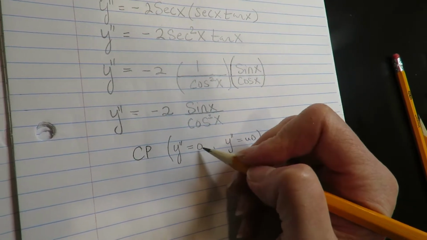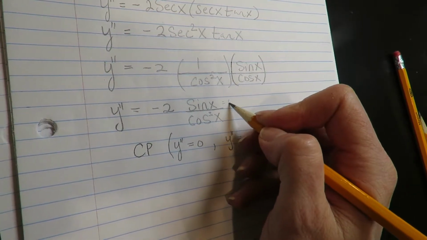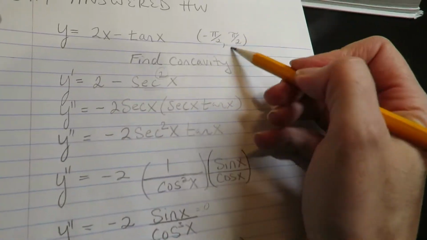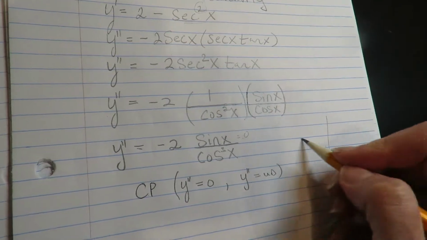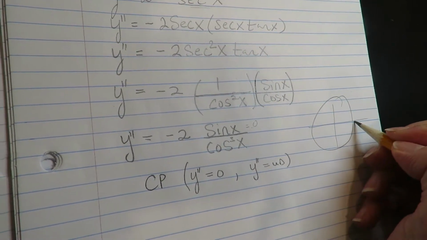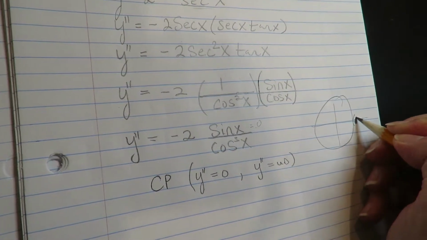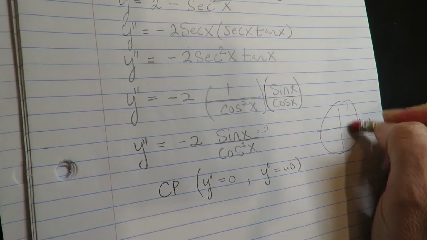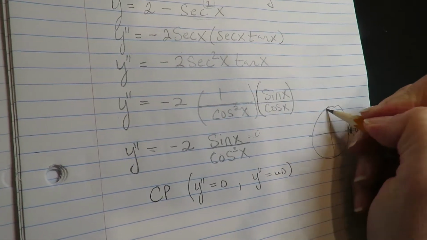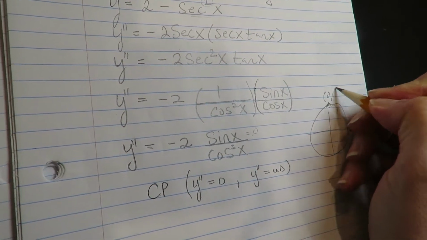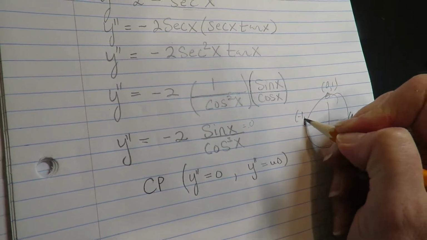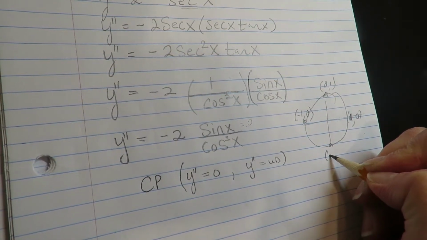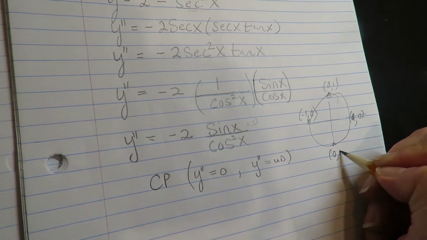For a fraction to be equal to 0, the numerator has to equal 0. So the sine will equal 0 on this restriction. If it helps, think of the unit circle. Angle 0, angle pi over 2, pi, 3 pi over 2.